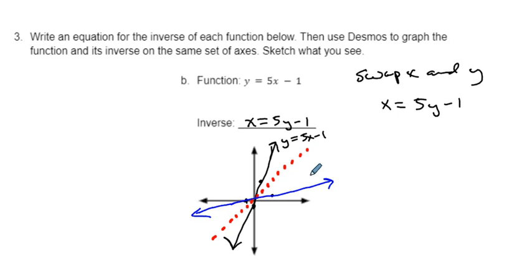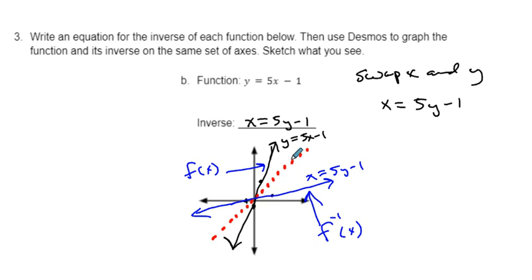So then this is the equation x equals 5y minus 1. So this one is your function, f of x, if you think about it this way, and this one is your inverse function.